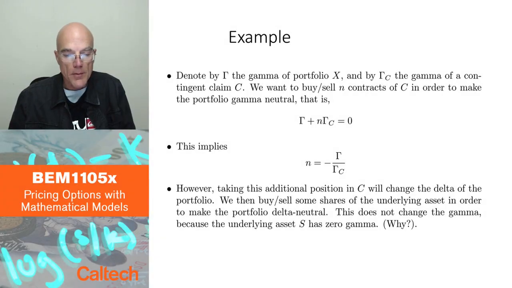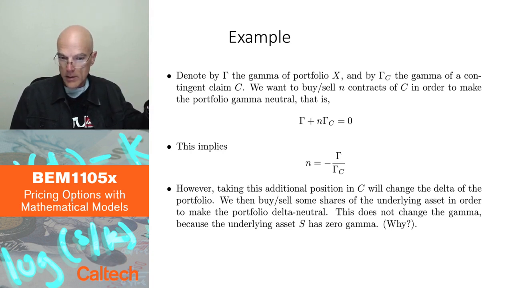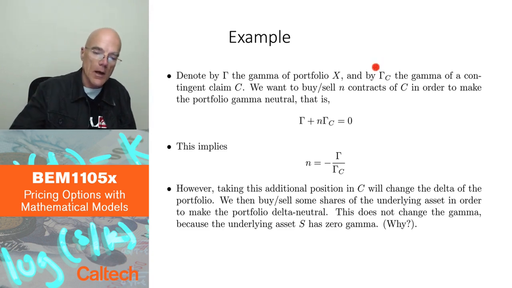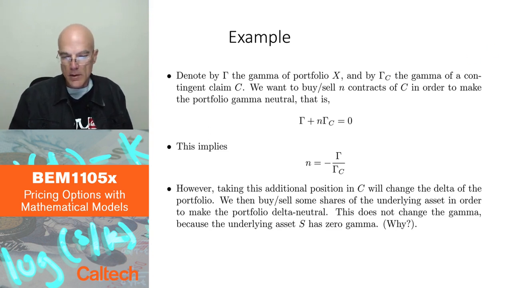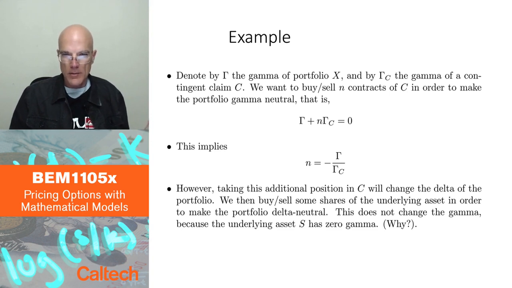Suppose, for example, you have a portfolio which has its original gamma, and you want to change that gamma. How can you change it? You can change it by trading in some other asset, claim, call it C, which has its own gamma C. And since gamma is a mathematical derivative, if you combine two things, then the gamma of the total is the sum of the individual gammas.